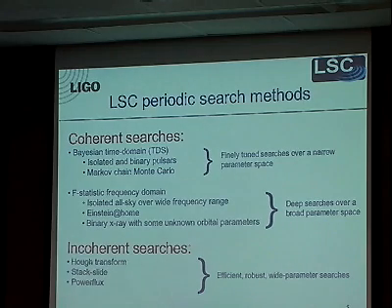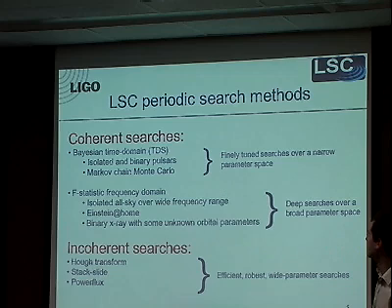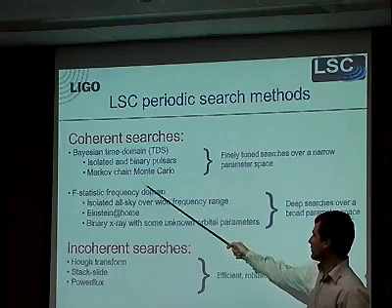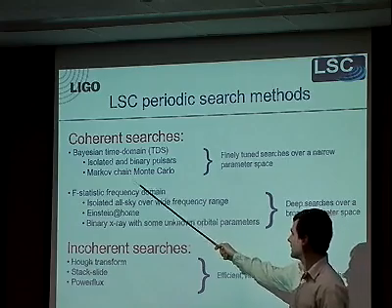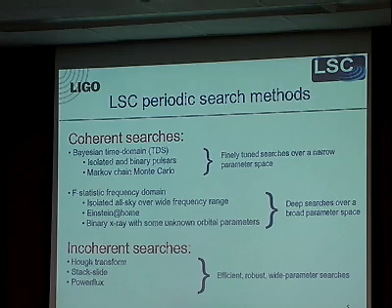In the periodic search group, we've got 2 main classes of searches, the coherent searches and the incoherent searches. In the coherent searches, there's this time domain method I mentioned, which is for targeted sources like radio pulsars, for example. Initially in S1 and S2, we only had code to look for isolated pulsars, but now we've also got the ability to look for signals from pulsars in binary systems, and we're doing that for the S3 and S4 data.